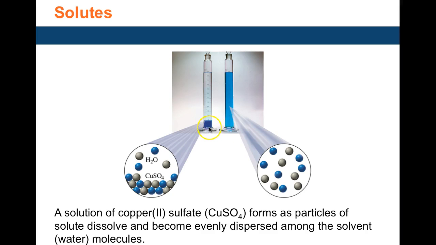So when you have a very concentrated solution, it's a deeper blue. When it's more diluted, more water is added, it becomes a lighter blue. And what happens is, you can see the solute is the copper(II) sulfate, which is interspersed between the solvent, which is the water molecules. All right.